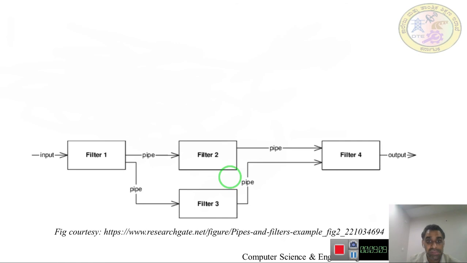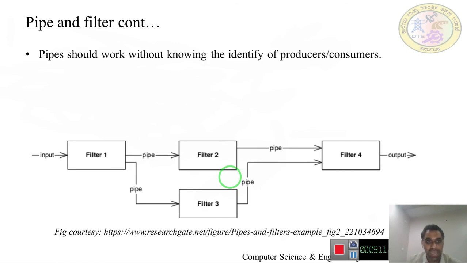So this is the diagram for pipe and filter, where we have to understand that a pipe would work without knowing the identity of the producer or consumer. Each filter communicates through a pipe, wherein a stream of data flows from one filter to another.